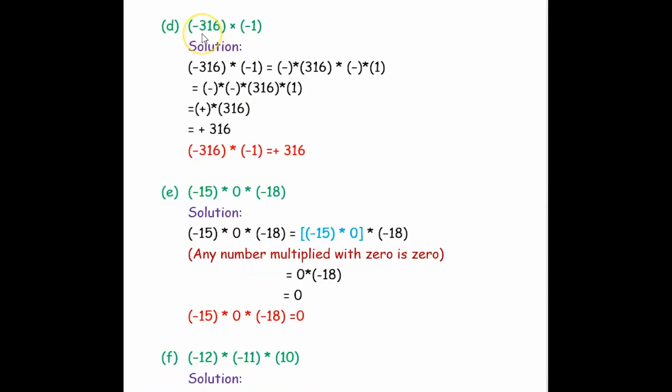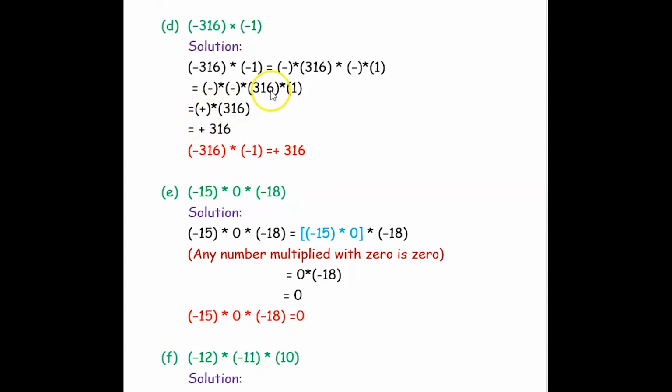Next question is negative 316 into negative 1. So, here also we have two negative integers. So, we can separate the question like this. Negative into 316 into negative into 1. Then I am rearranging negative into negative into 316 into 1. So, we know that negative into negative is positive.